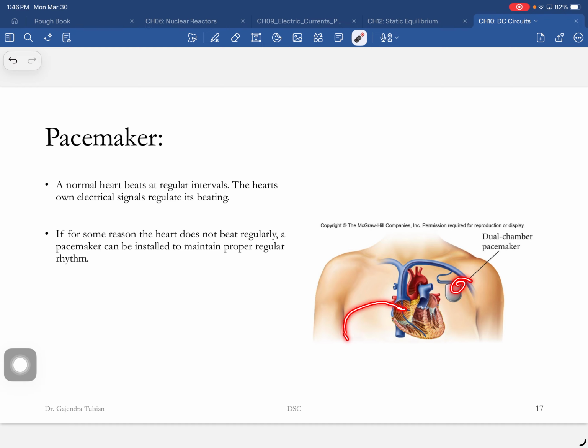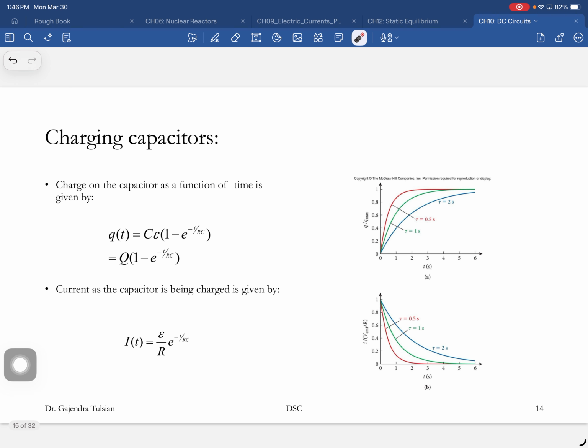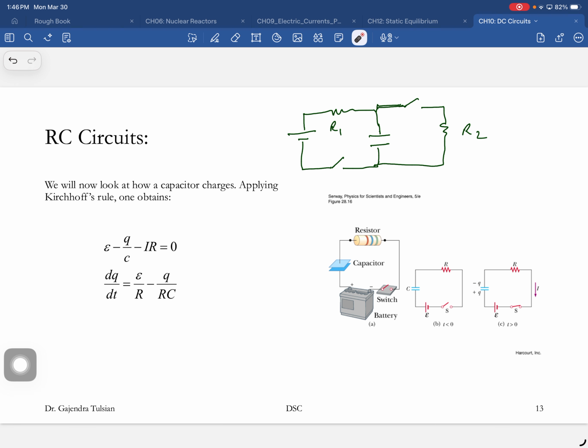Now that you understand that, here's the resistance in the circuit. You close the circuit and the capacitor discharges through your heart. That's a pacemaker. Now if you have a pacemaker and you want to go for a run, what do you need to do?